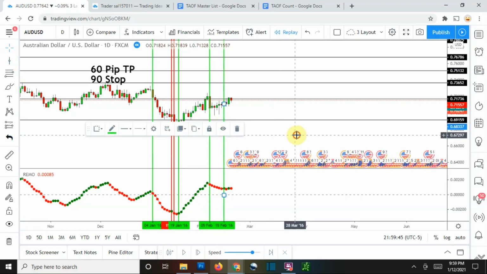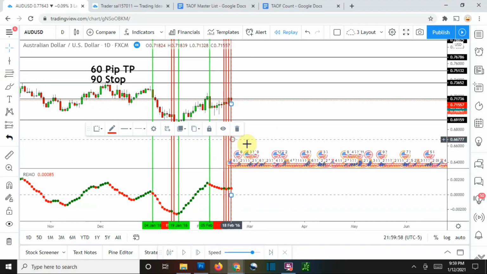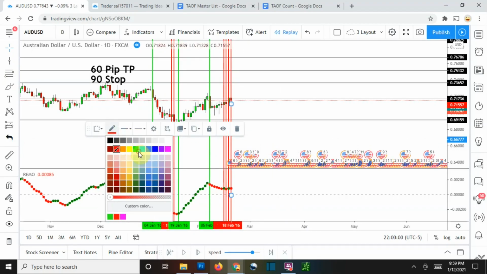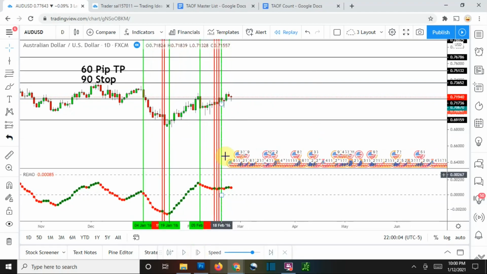Then we pick up a long right here. That one didn't work out for us too well. Short right there also didn't work out too well. Then we're on this one right here. Not quite sure what it's going to do.